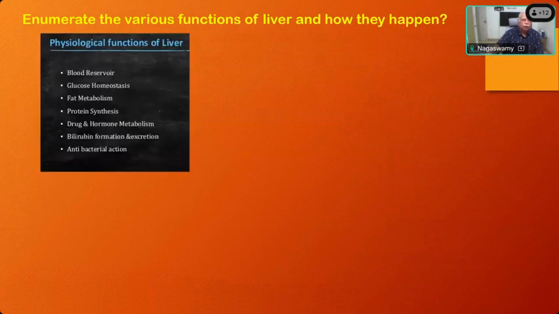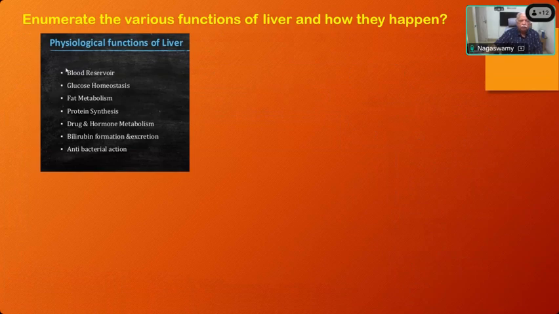Okay, yes. So the functions of the liver: first and foremost, it is a very good reservoir of blood. Whenever there is a need for acute volume replacement within the body, if you undergo trauma, the liver will be the first organ to squeeze its blood into the circulation to maintain your volume status.